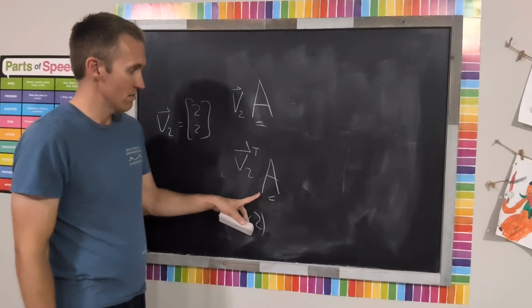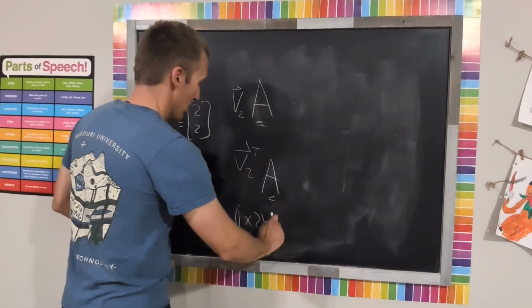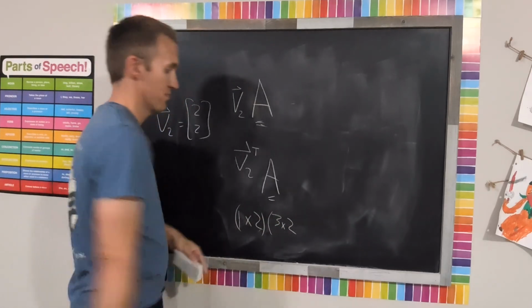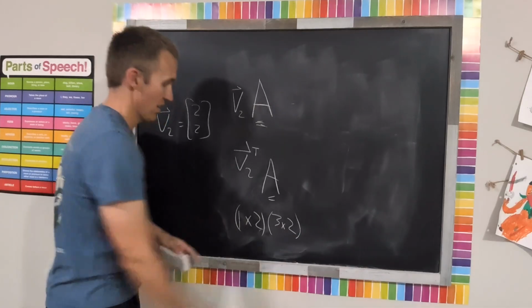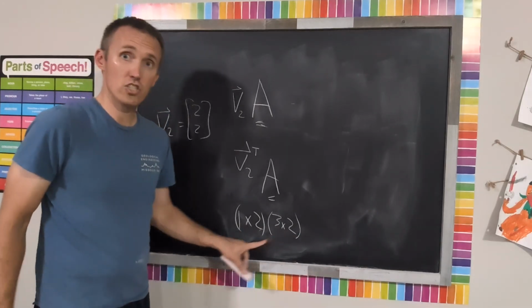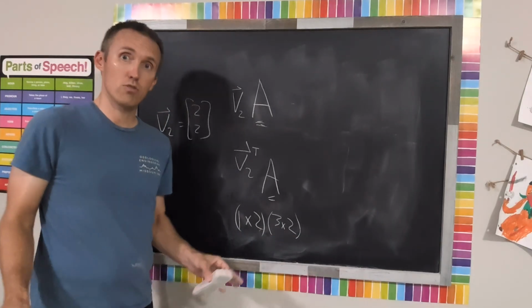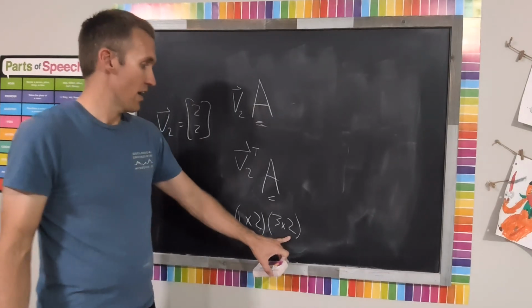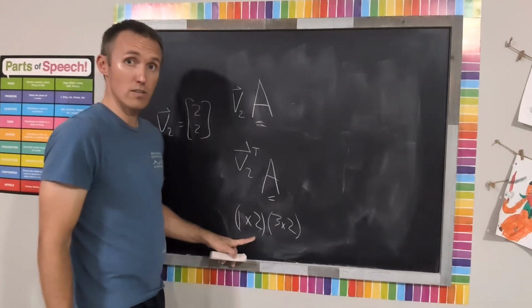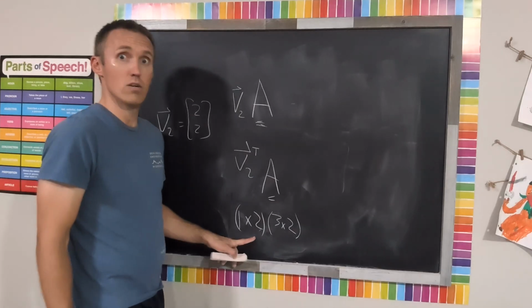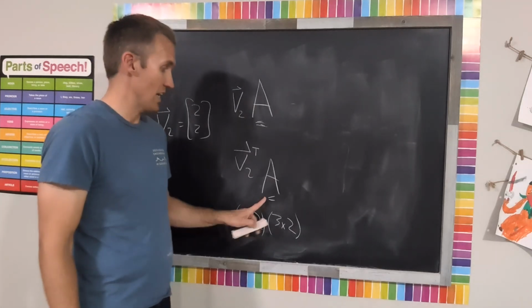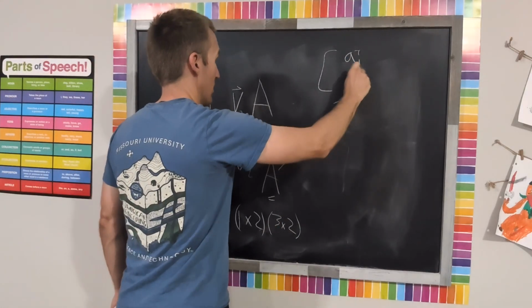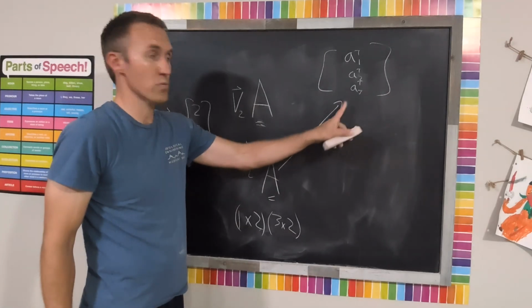Then A, what was A? A was 3 by 2. Notice these inner dimensions are different. That means we can't do matrix vector multiplication. Well, there's 3 rows of A, we already knew that. And there's 2 columns, but we need there to be 2 rows in A. Remember we had those 3 rows?